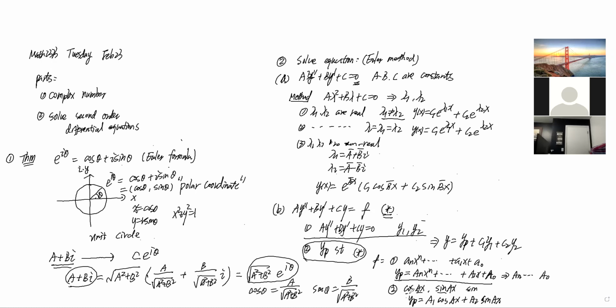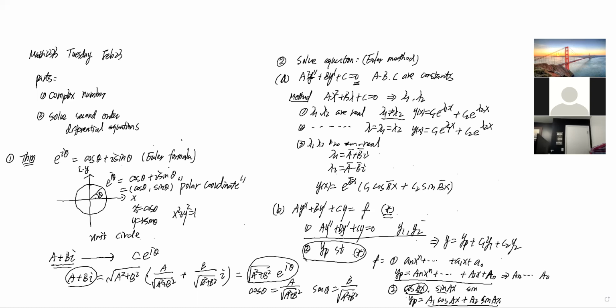Even if f is only cosine, you have to assume yp in this form, because you don't know what yp is. Maybe sometimes you get A2 is 0, nobody knows for specific problems. This is this kind of case.